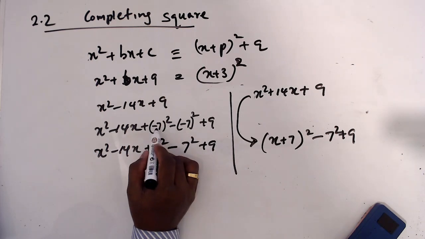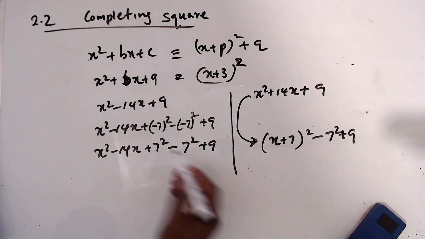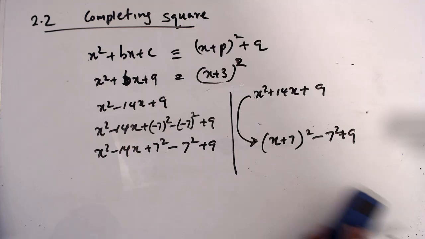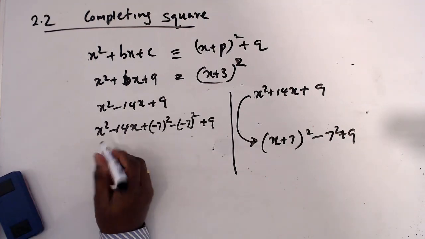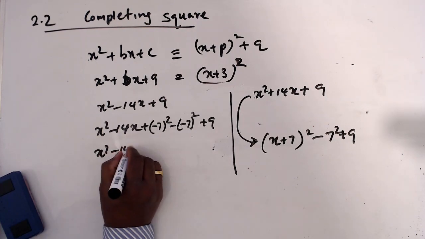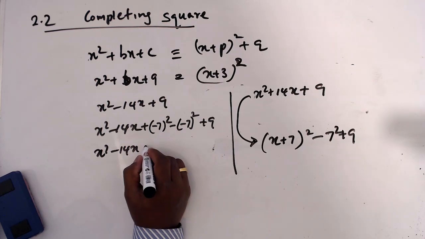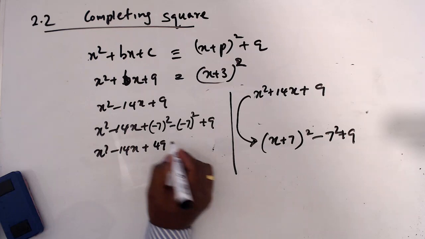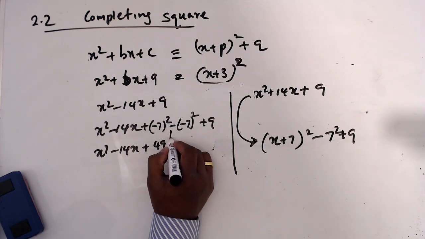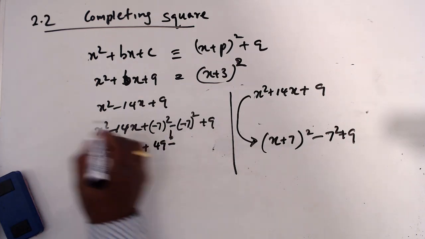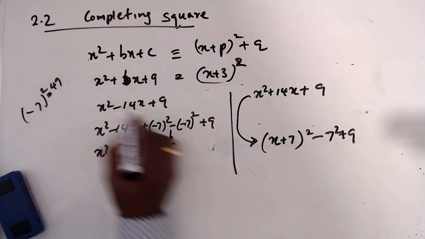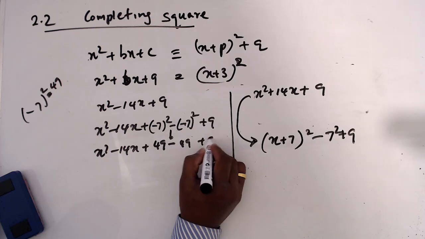Because we know that minus squared still becomes positive. So if I simplify this, x square minus 14x, this is plus minus 7 square, meaning plus 49. Then this minus symbol and minus 7 square, what is minus 7 square? Plus 49 and plus 9.